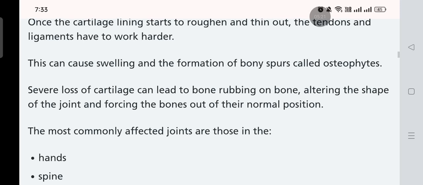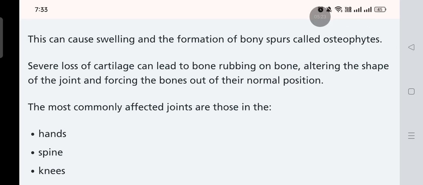This can cause swelling and the formation of bony spurs called osteophytes. Severe loss of cartilage can lead to bone rubbing on bone, altering the shape of the joint and forcing the bones out of the normal position.